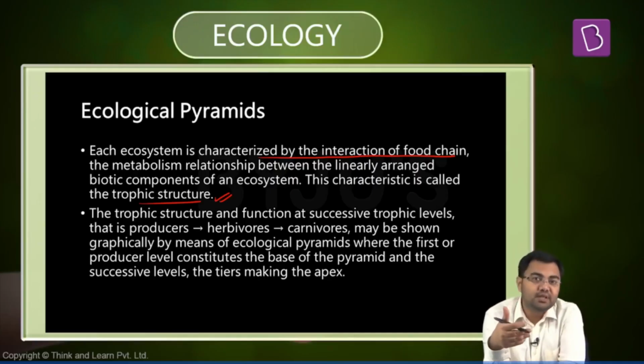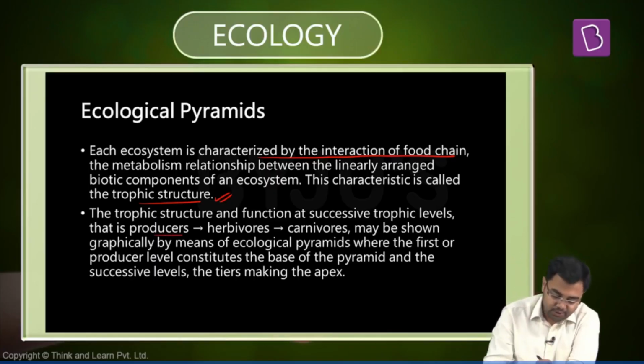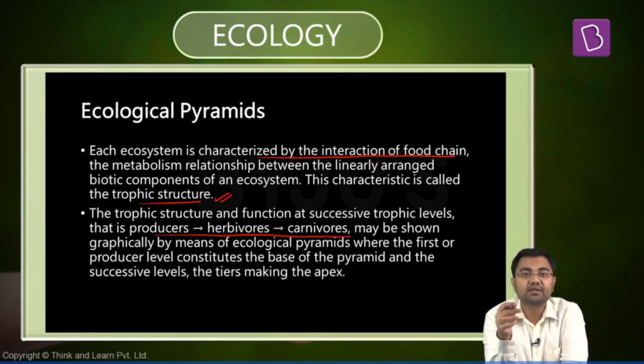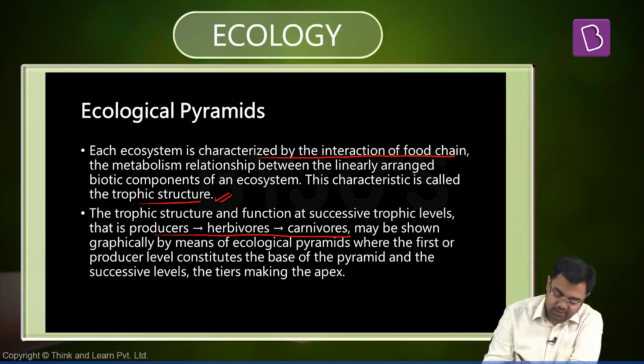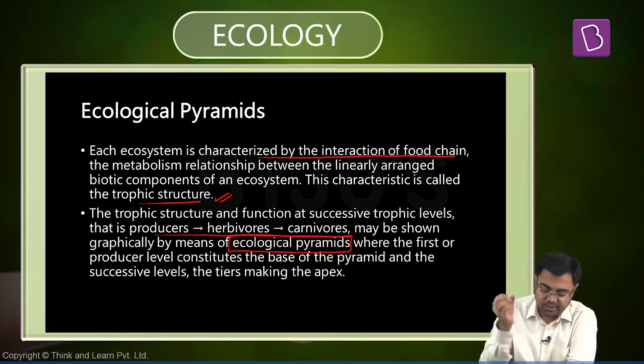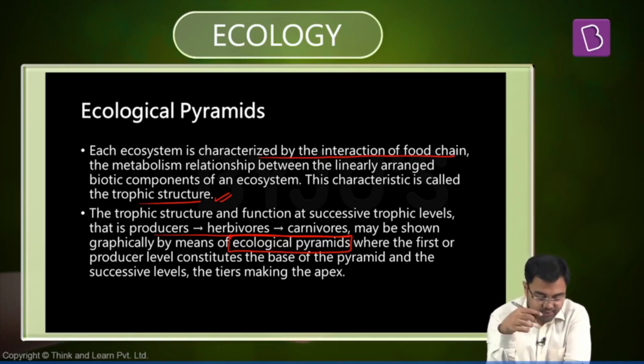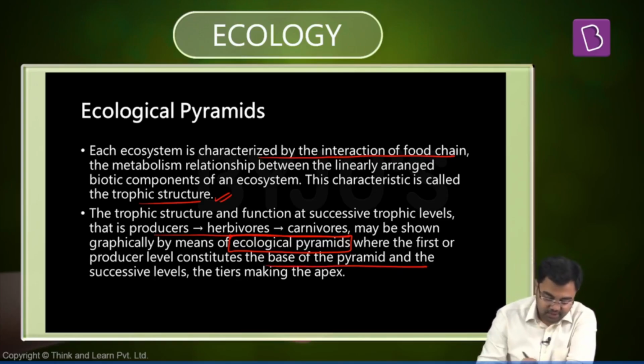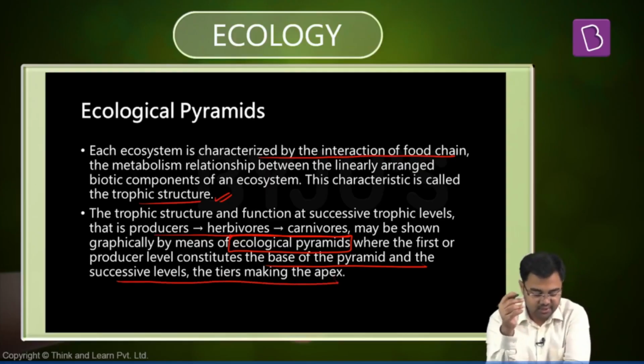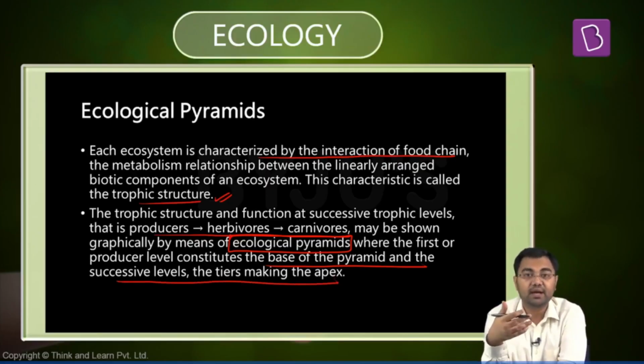Now, the trophic structure and function at successive trophic levels, that is from producers to herbivores to carnivores, can be shown graphically by means of an ecological pyramid, where the first or the producer level constitutes the base of the pyramid and the successive levels make the apex.